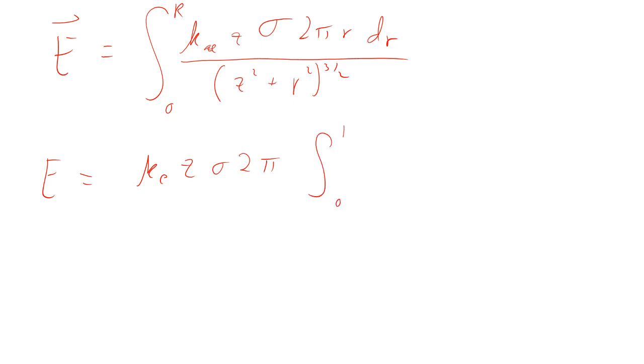So now it's just the integral from 0 to R of r dr divided by z squared plus r squared to the 3/2.